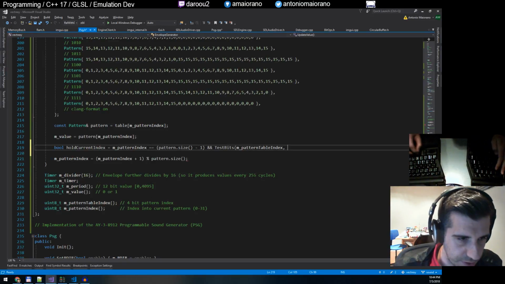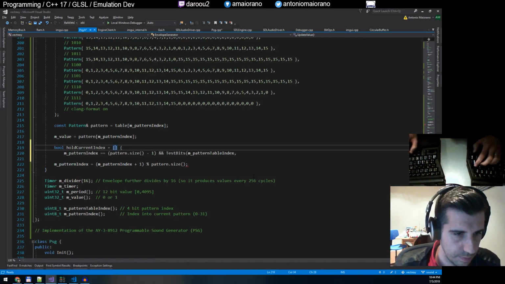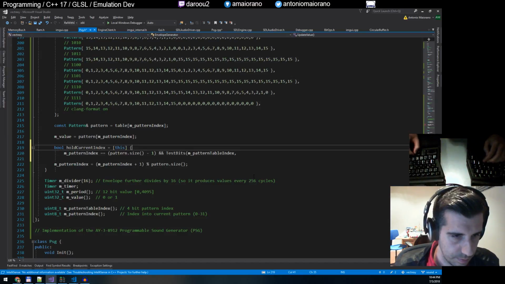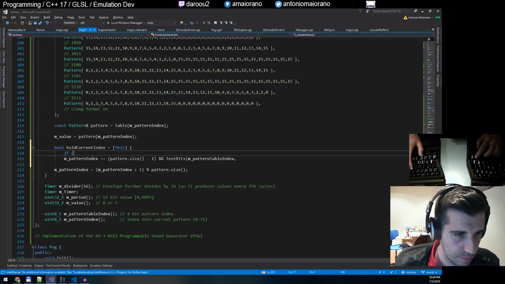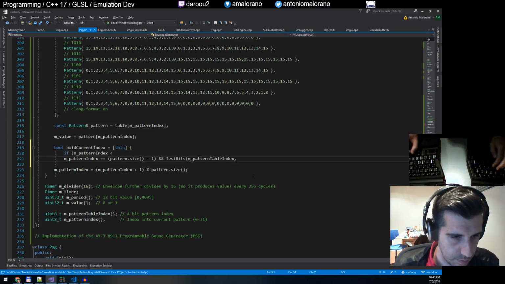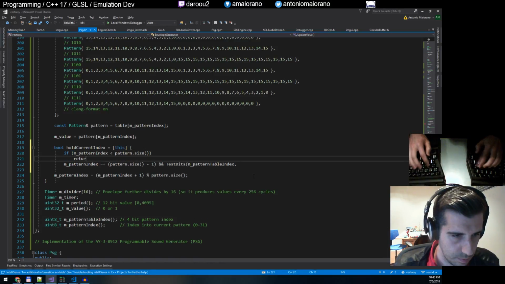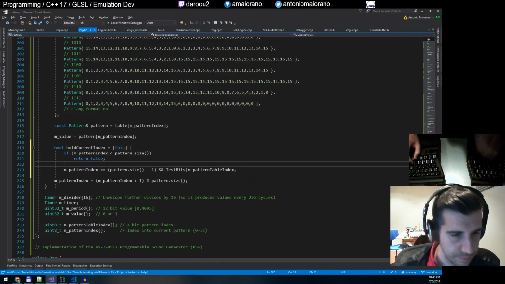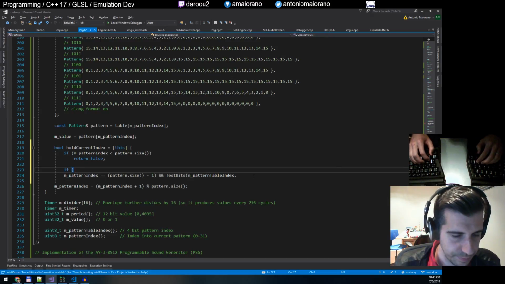Actually, I'm going to do this a little bit differently. We'll let the compiler generate this code more efficiently.